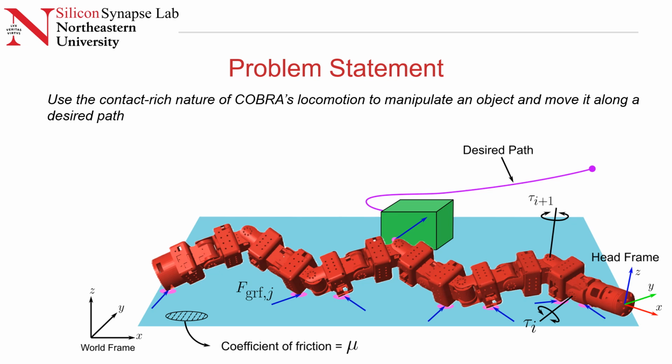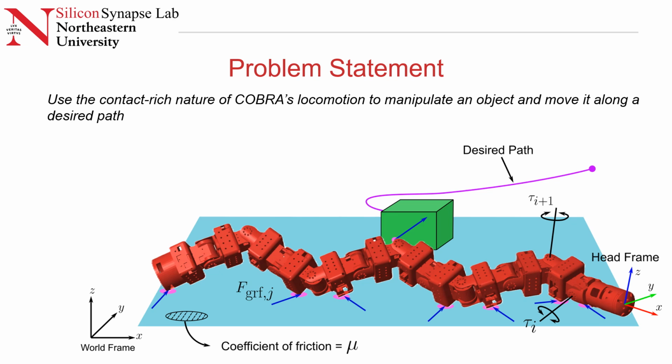As shown in the diagram here, in this case, we consider a box that is placed in front of the robot. And we have some desired path that we would like to move this box along. We would like to figure out the joint angles and joint trajectories required to move the box along this path.